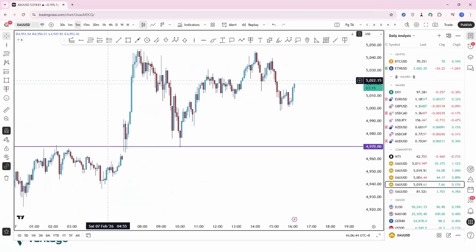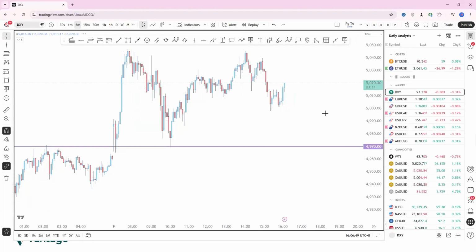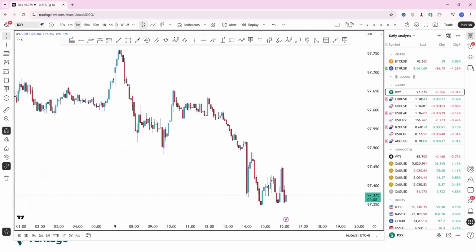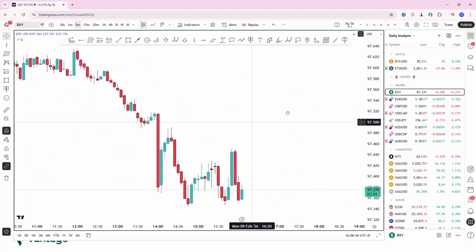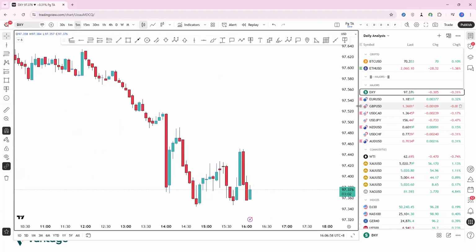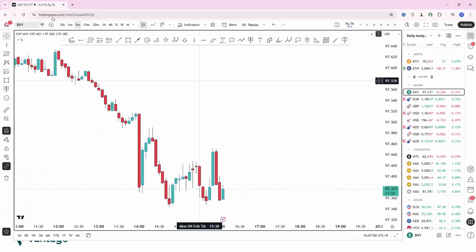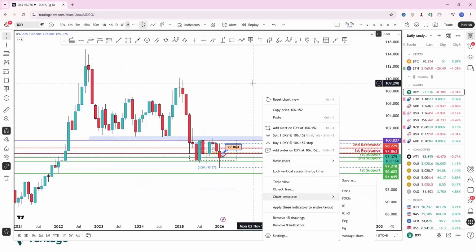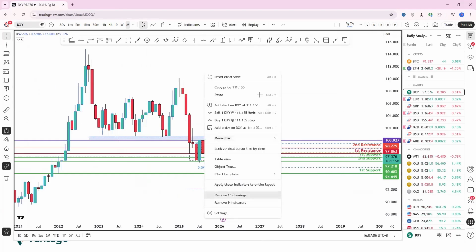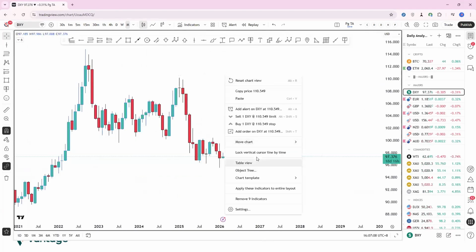Before we look at the chart, a quick look at the dollar. On the monthly time frame, the dollar to me is still a short.